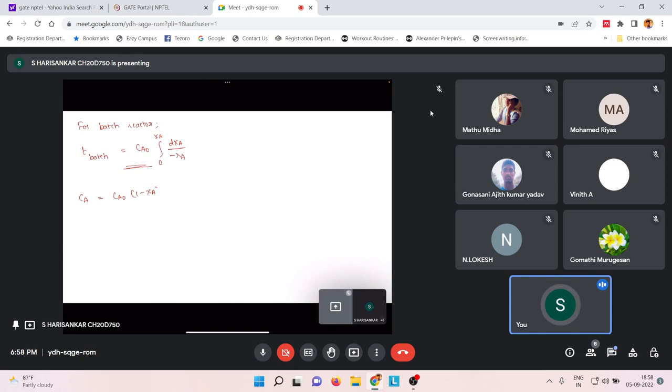If we take the differential of this, dCa will be d of Ca0 into 1 minus Xa. Now Ca0 is constant, so we can take this out. So Ca0 into d of 1 minus Xa, and d of a constant, or d of 1, is nothing but 0. So just write it as Ca0 into minus dXa, right?